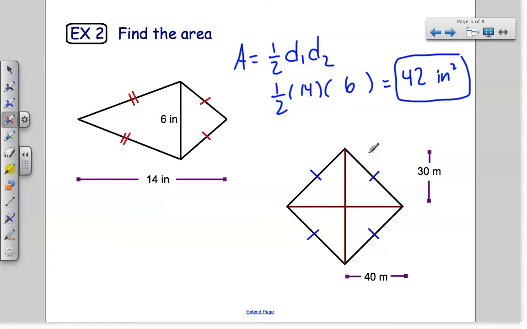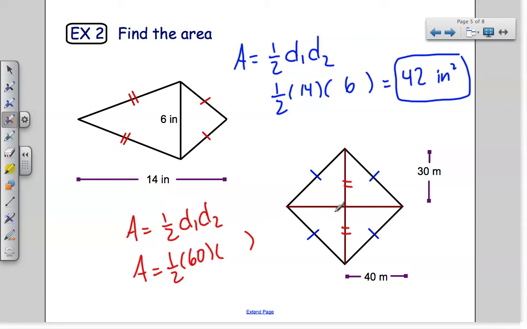What shape is this? All congruent sides, so it's a rhombus. Again, I'm doing 1/2 of the two diagonals multiplied together. The two diagonals will make that rectangle, but I only want half of it. Oh, okay, this is 30 though. Only this length here. But guess what? You know that the diagonals of a rhombus bisect each other. So if this much is 30, the entire diagonal is 60.